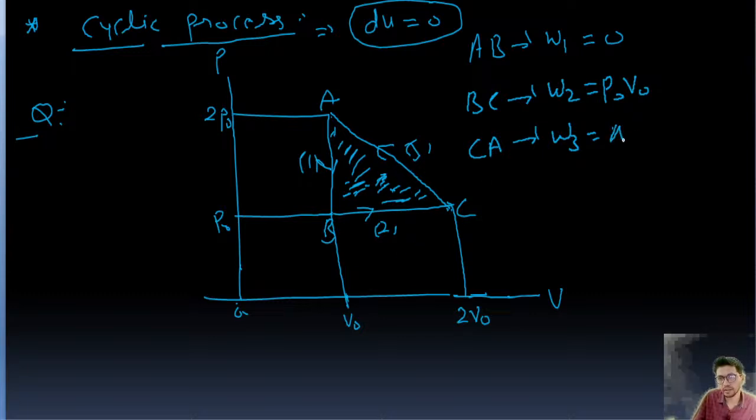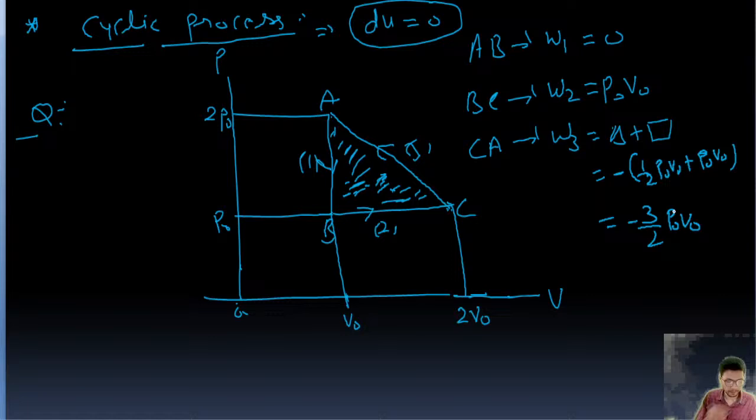The area of the triangle is 1 by 2 P naught V naught, the area of the rectangle is P naught V naught, so this is going to be minus 3 by 2 P naught V naught.